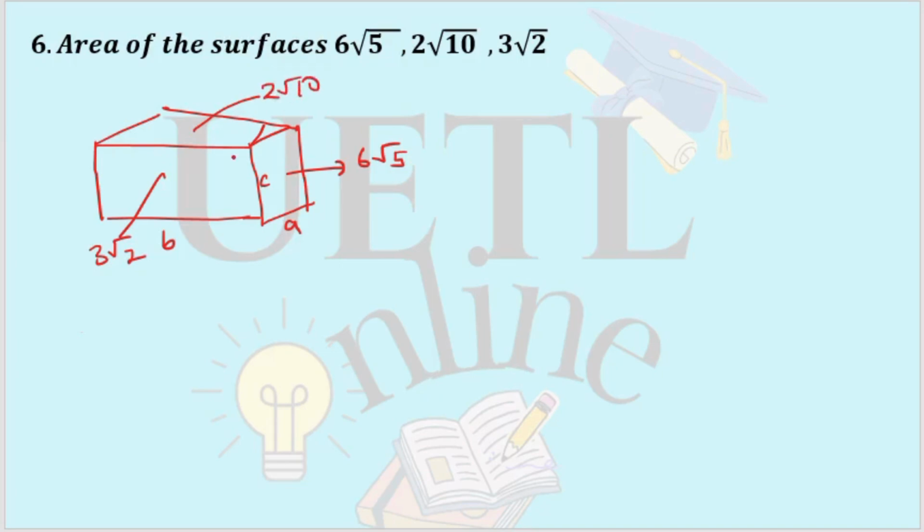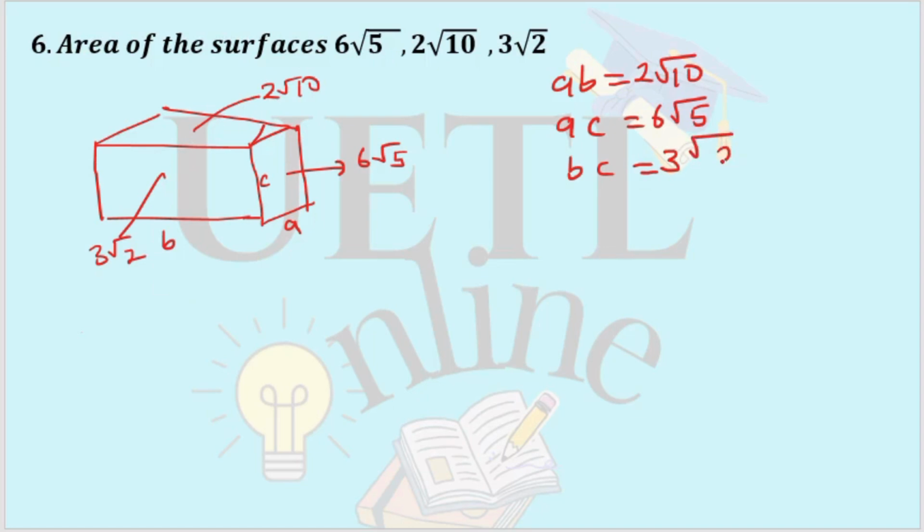Our first step is to write formulas that can help us to find A, B, and C. We can say A times B should give us 2 root 10, then A times C should give us 6 root 5. The other thing is, B times C is supposed to give us 3 root 2.